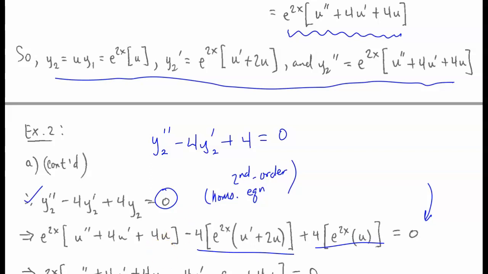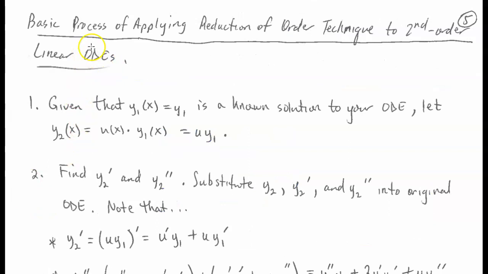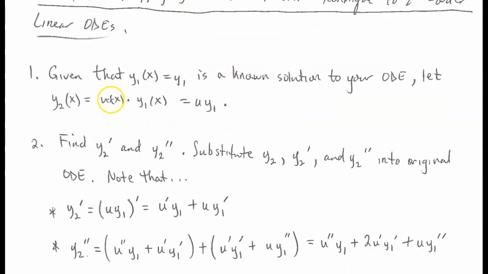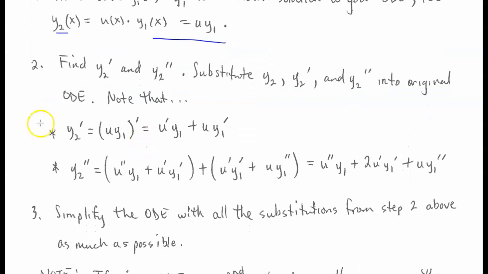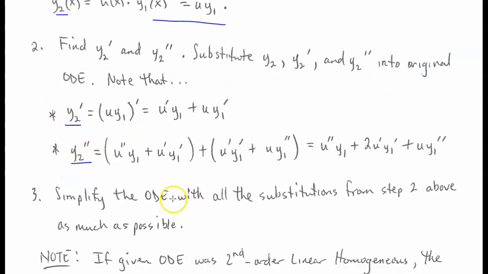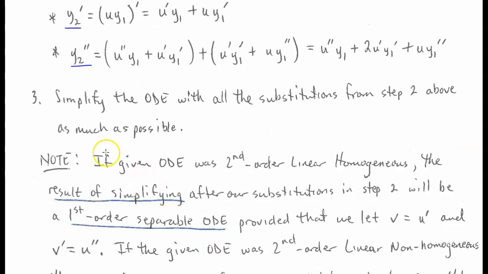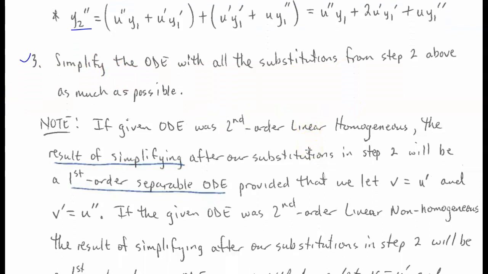Well, let's go back and take a look. So if we go back to our basic process for applying reduction of order, if you remember, we've done step 1 here. Let y sub 2 equal this. Step 2 is we just find y sub 2 prime, y sub 2 double prime. And then we've done the beginning of step 3 here, which is do all the substitutions.